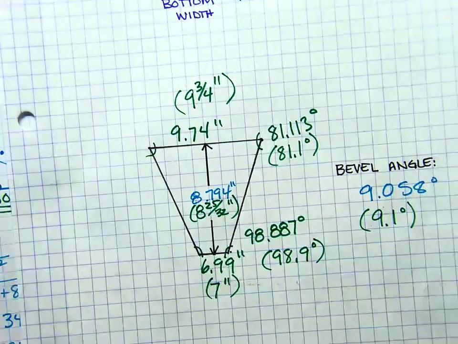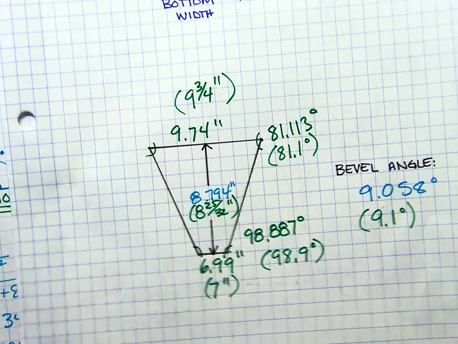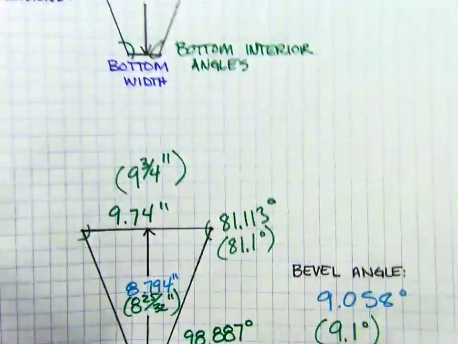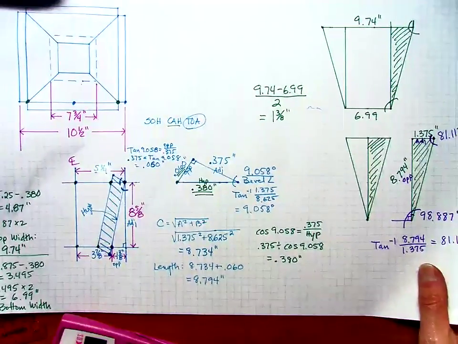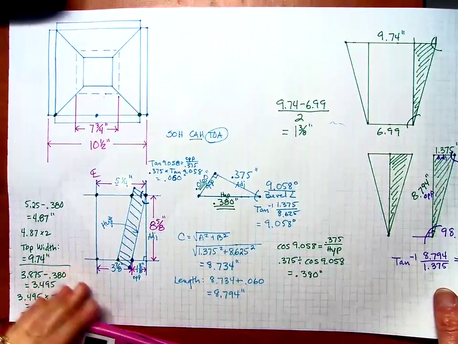Now, one last thing. Your answer sheet, you're going to type up your work, and let's just make believe this is the typed up work, and this is all your work. Let me zoom out so you can see it. So this is all the work that you did.